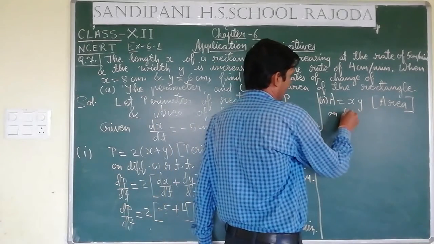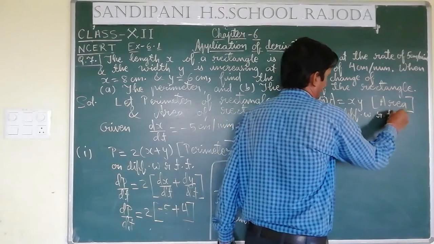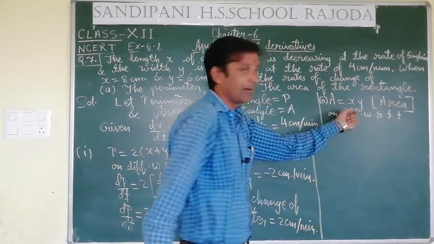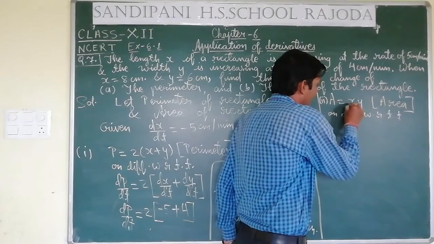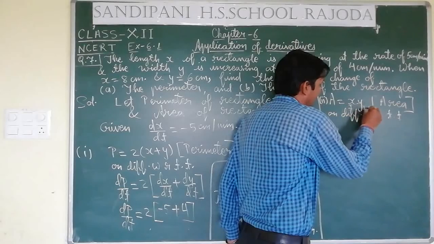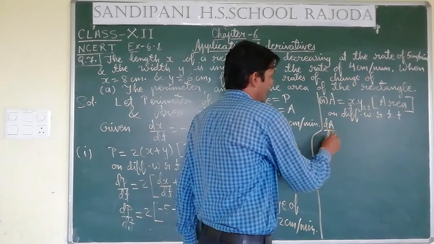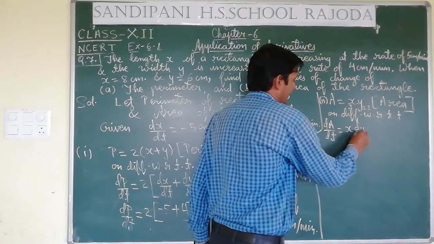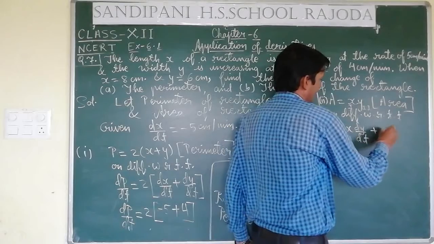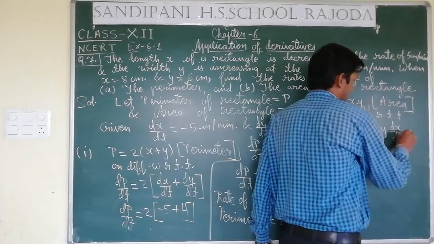On differentiating with respect to t, what will be applicable here? Two functions are there in product. So product rule will be applicable. So dA by dt is equal to what? First function into differentiation of second plus second function into differentiation of first.